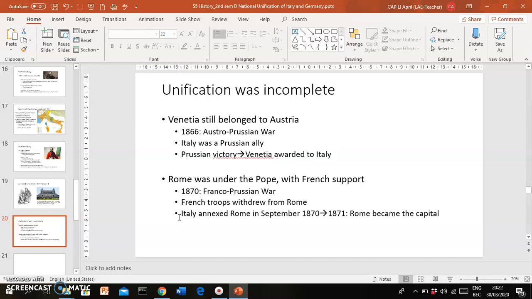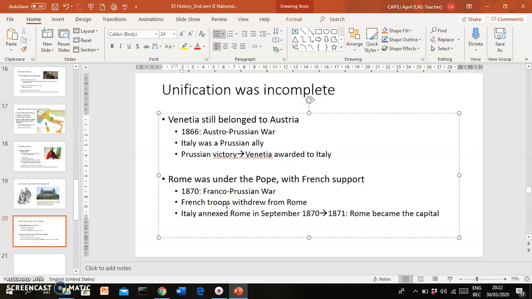How does this go? The Prussians go to war against the French, and again Italy, wanting something out of this, sided with the Prussians. The Prussians defeat the French, and as part of the deal, in the aftermath of this conflict, French troops withdraw from Rome, and this gives the Italians an opportunity to annex Rome.